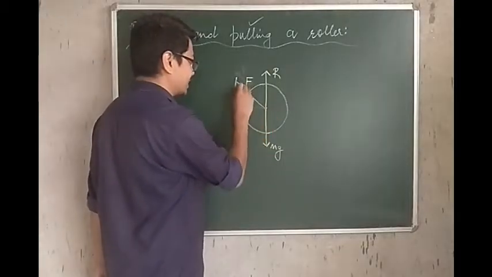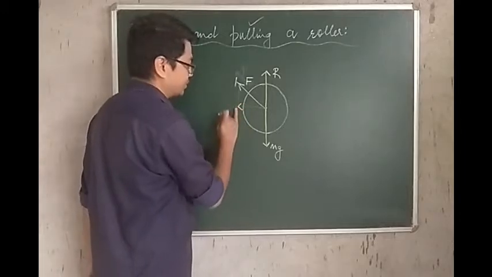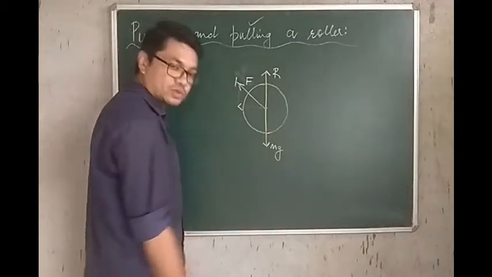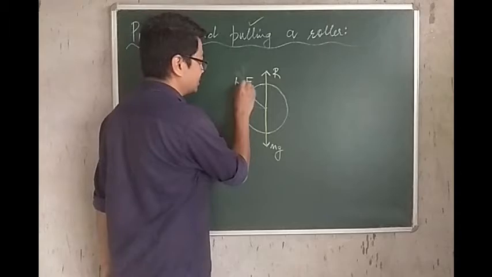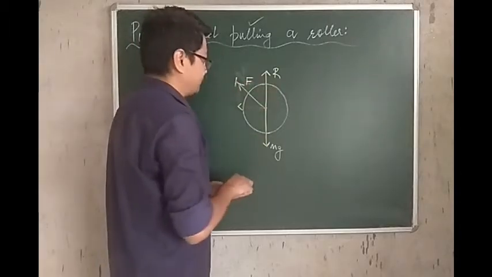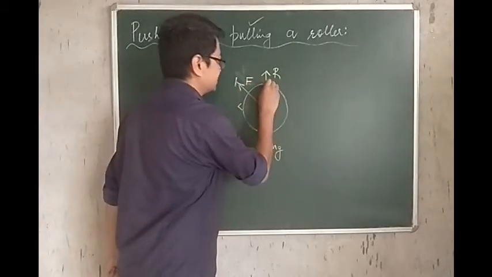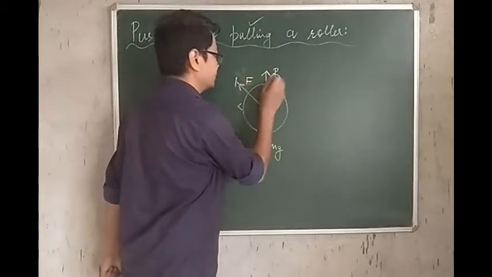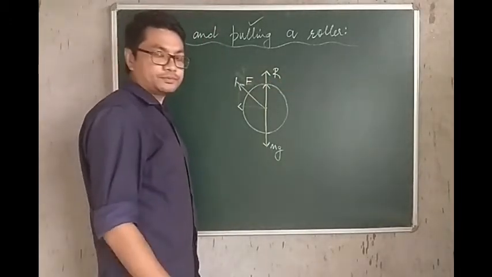One of course along this direction. So this is the force in the horizontal direction, and its perpendicular component is along this direction. So this is another component of the force.